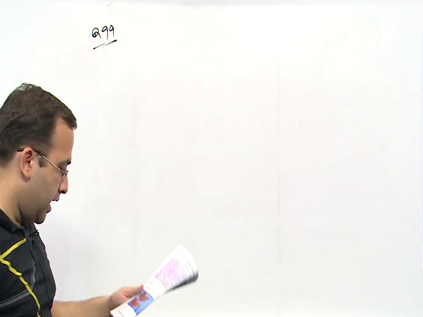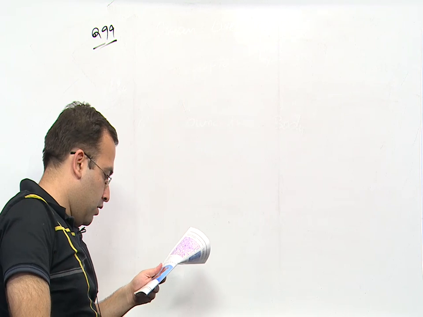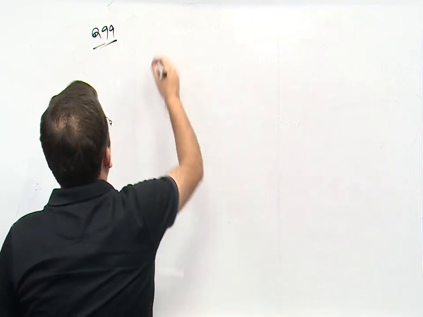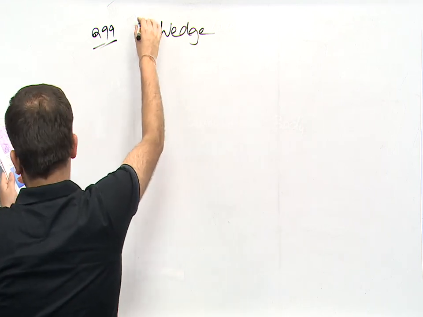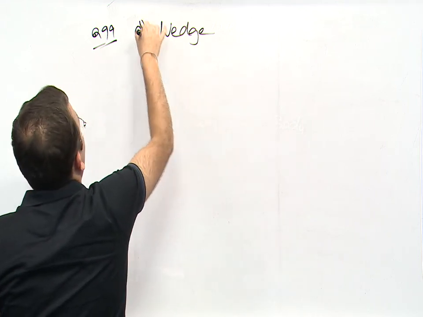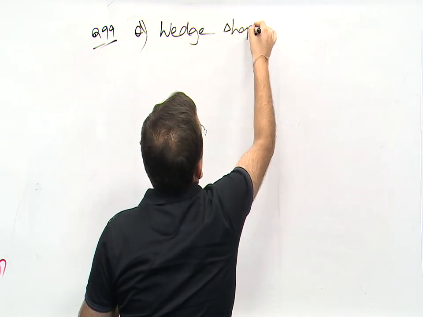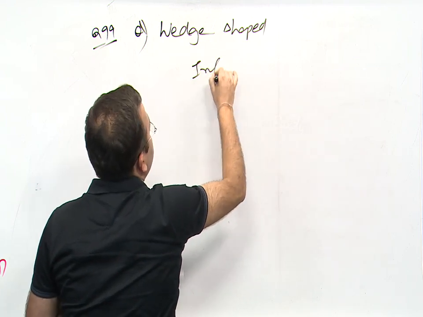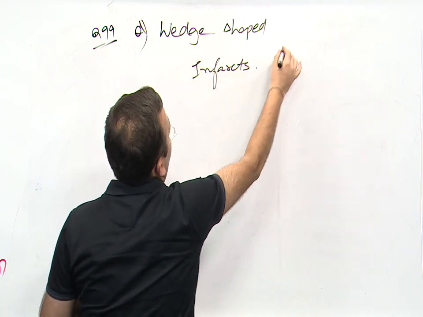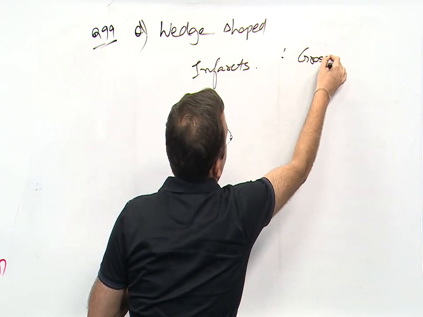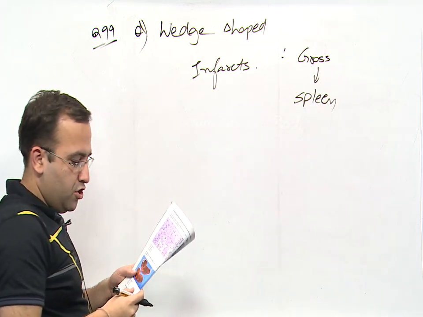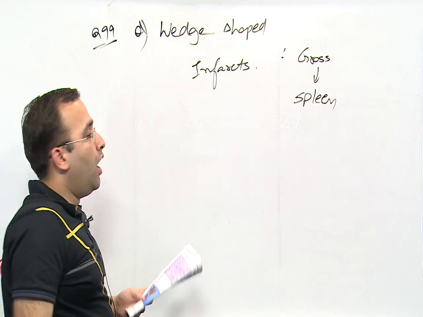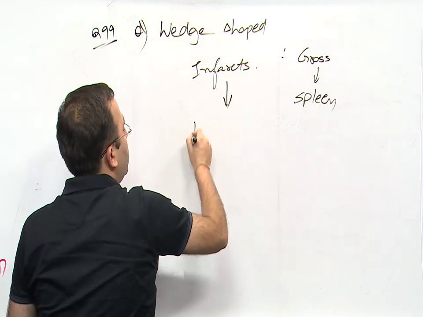Question 99. Spleen showing wedge-shaped infarcts. This is the gross of spleen showing wedge-shaped infarcts. How are the infarcts looking like?